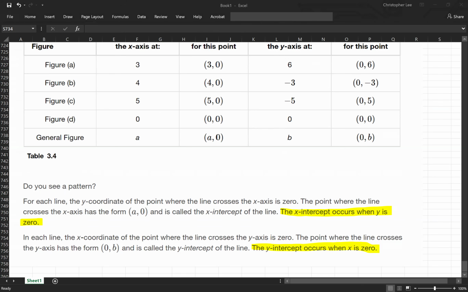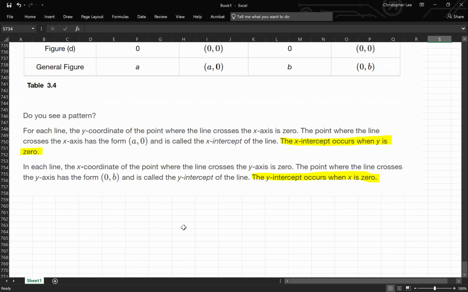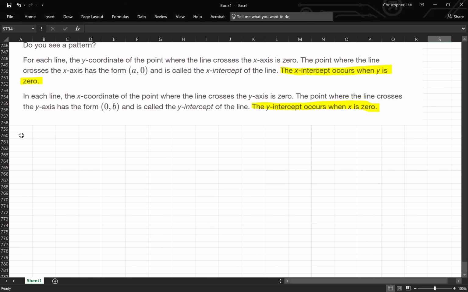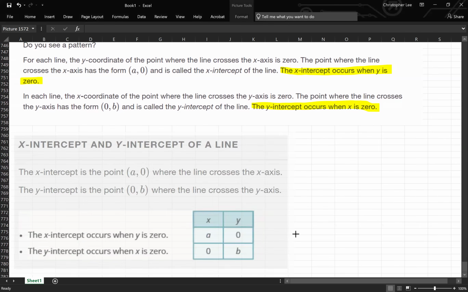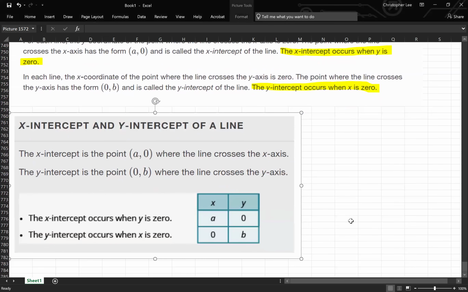Sometimes the words are not so appealing. Sometimes you need to see it in chart form. So here you go. You have the x-intercept and y-intercept of the line. The x-intercept is the point a comma 0 where the line crosses the x-axis. So whatever point is crossing the x-axis, that's the x-intercept.